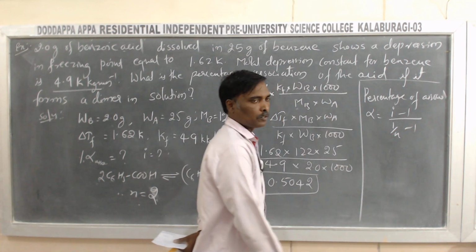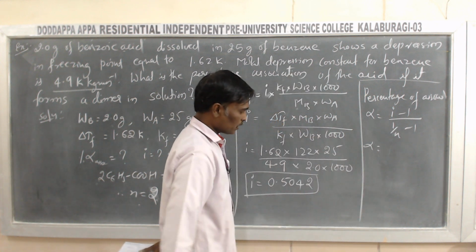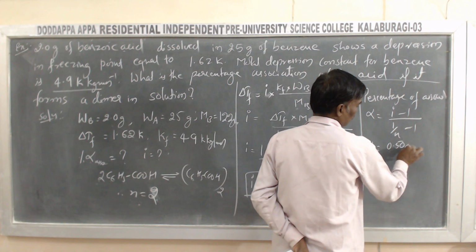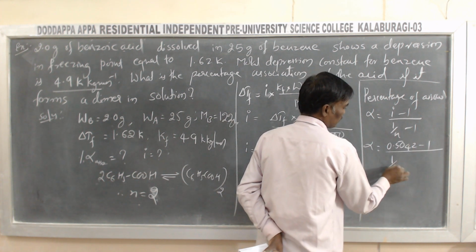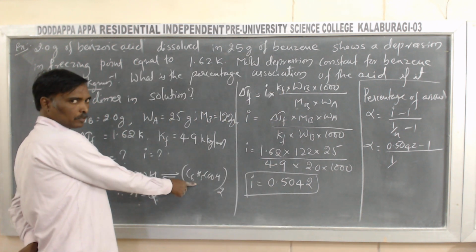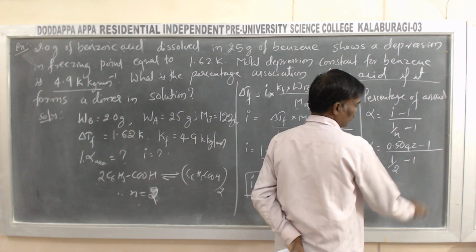This is the formula. Therefore, alpha is equal to the i value we just calculated, 0.5042, minus 1, divided by 1 by n, where for association which forms a dimer, the n value is 2. So 1 by 2 minus 1.